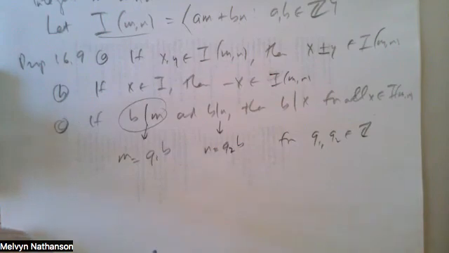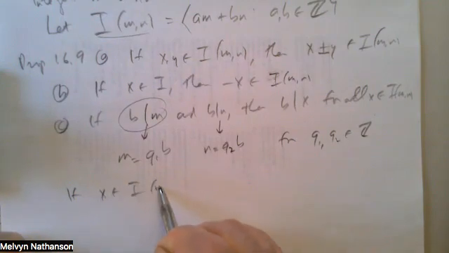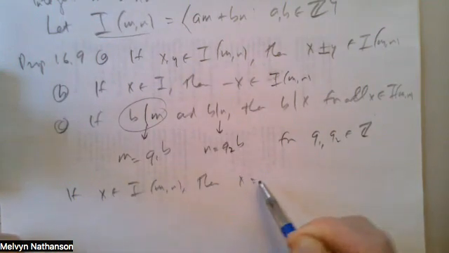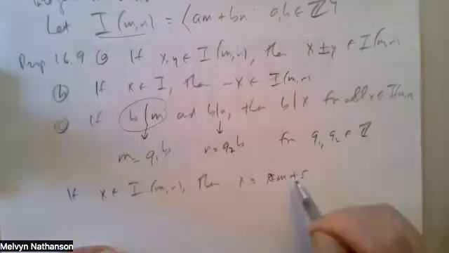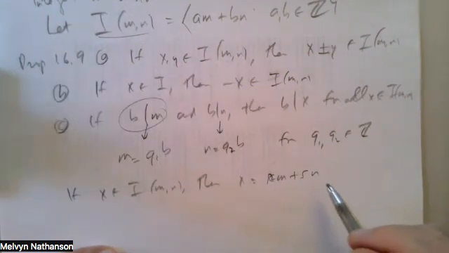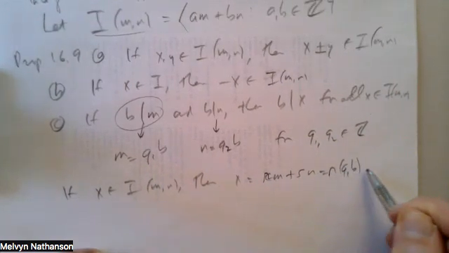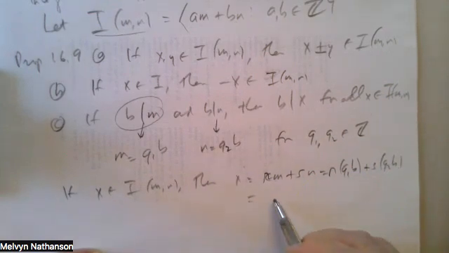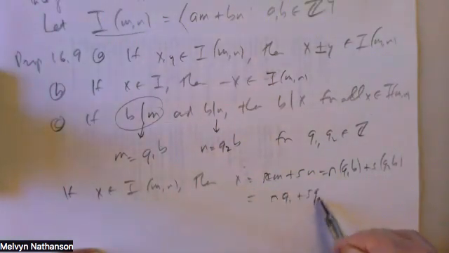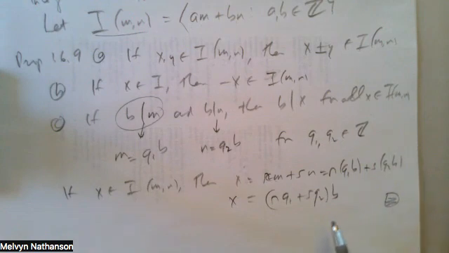So if x is in I of m, n, then x is some linear combination, let me write it as rm plus sn, but m is q1b and n is q2b. And if I factor out the b, I get rq1 plus sq2 times b. So x is a multiple of b, and that's the whole proof. Right?